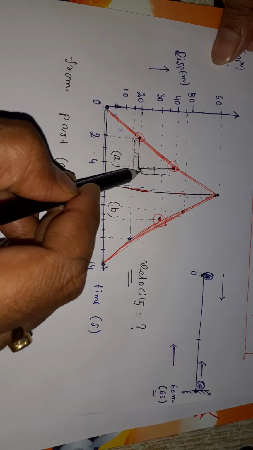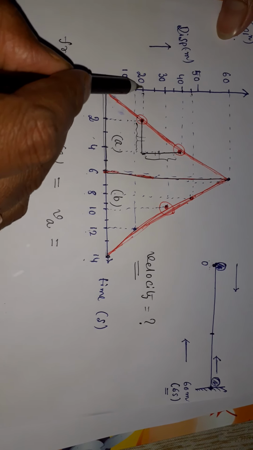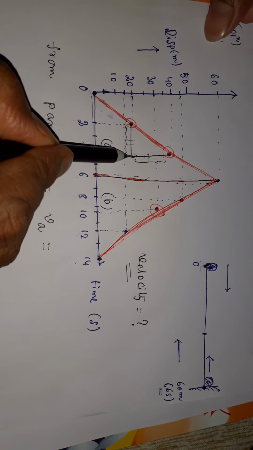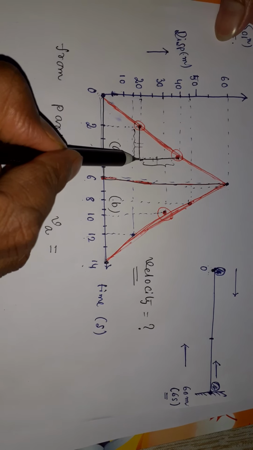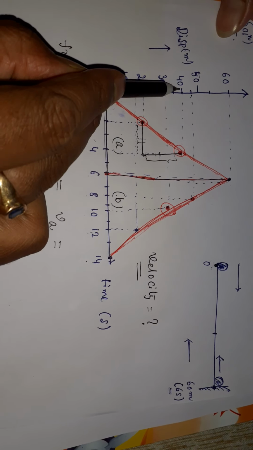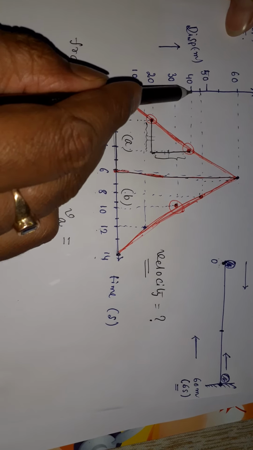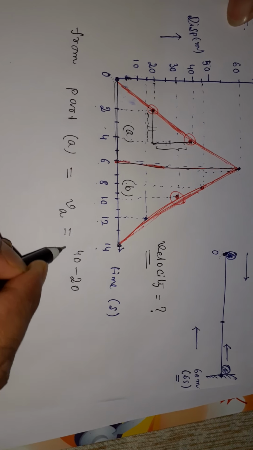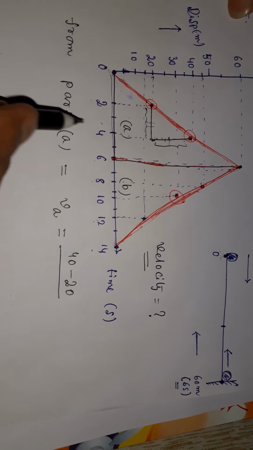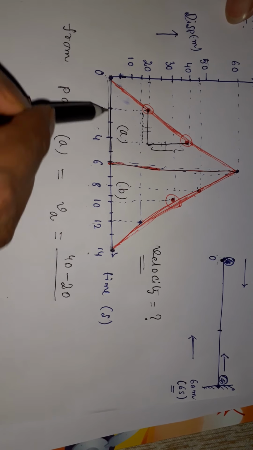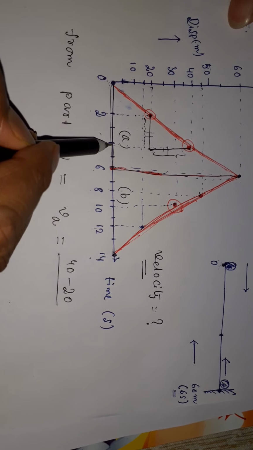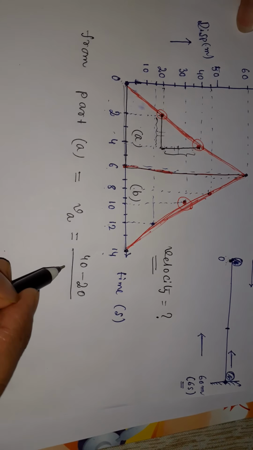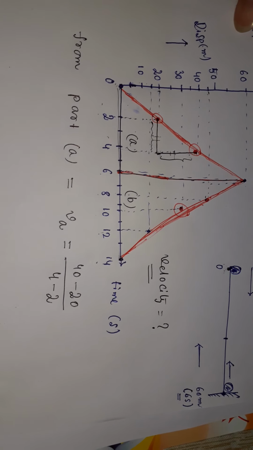How much displacement are we getting? This point is 20, it coincides with the 20, and this point is 40. So total is how much? 40 minus 20, divided by the time taken. 2 here and 4 here, so 4 minus 2 seconds will be the time.